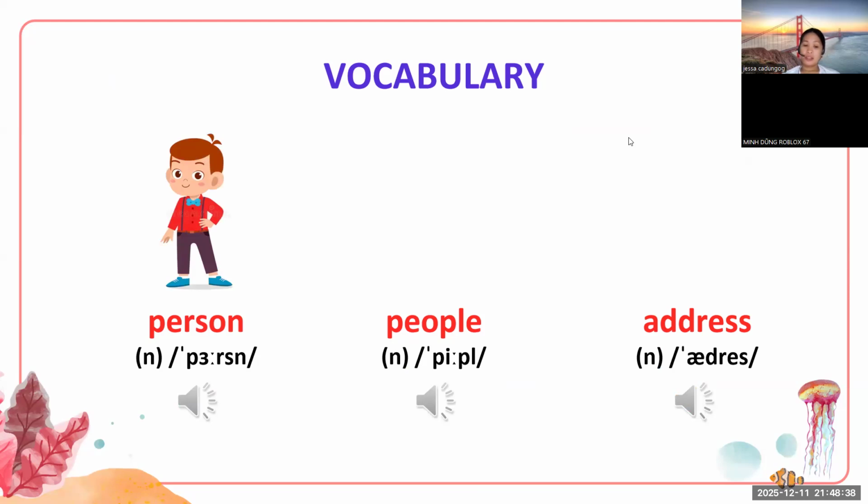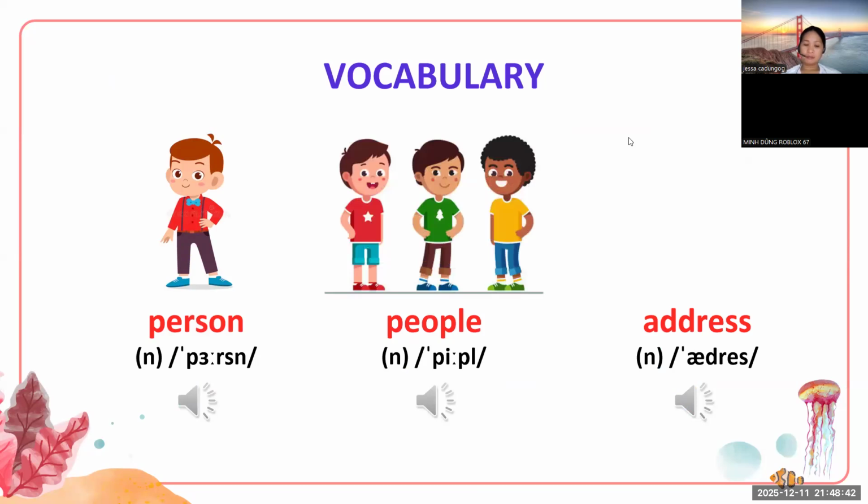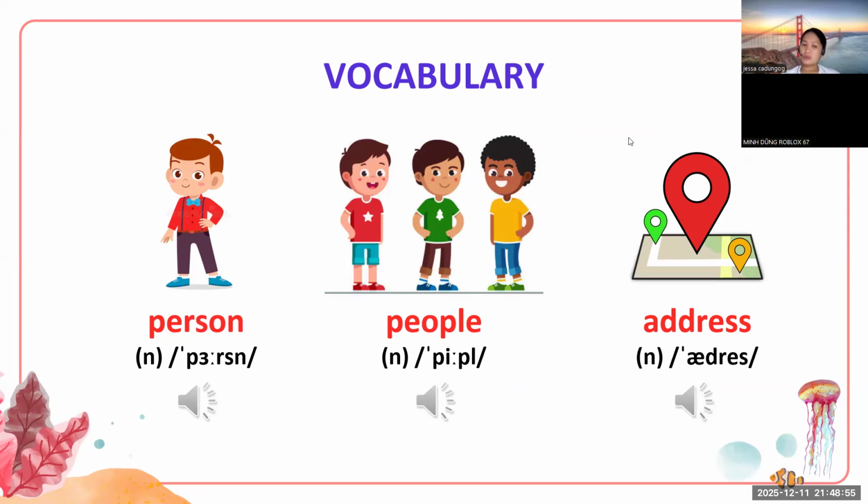The first word is person. Next. Second, people. And address. Okay, do you understand these three words? Person, people, and address. Do you know these words? Yes or no?